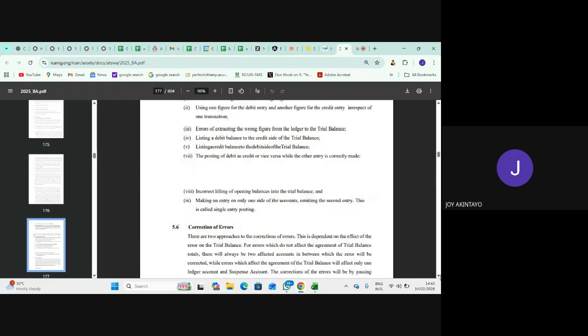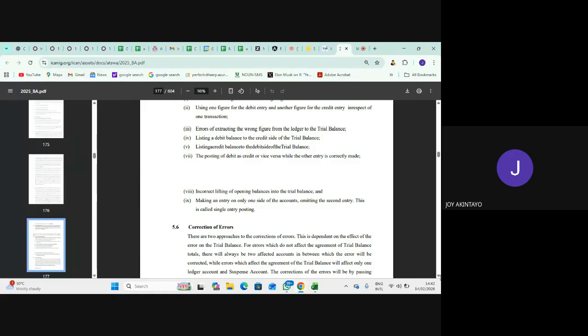Incorrect lifting of opening balance into the trial balance: your opening balance lifting is not correct, so it will actually make your trial balance not to be accurate.